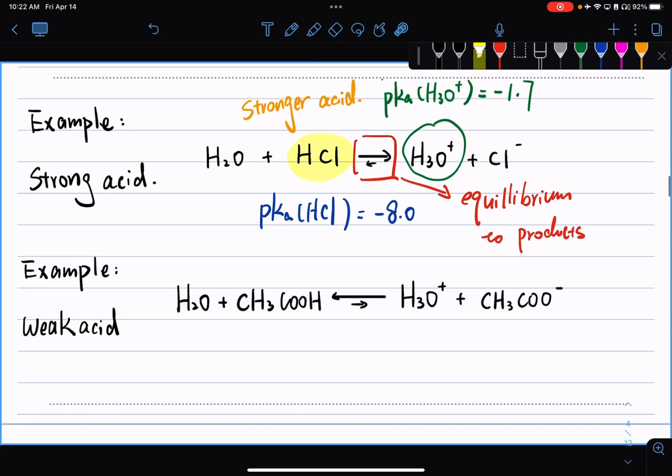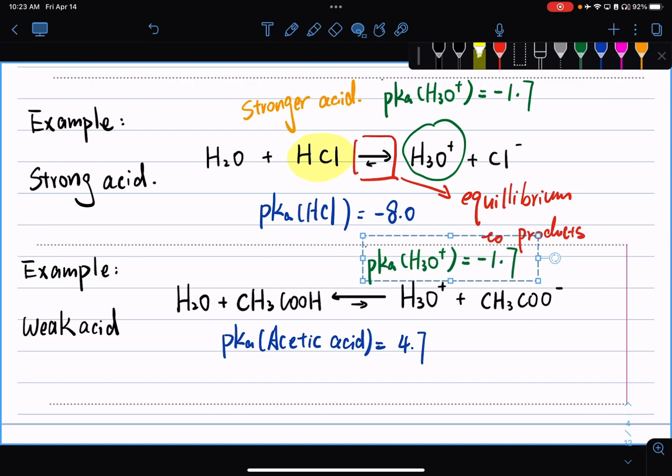Alternatively, you could also have a weak acid. In this case, the example we're talking about is acetic acid, CH3COOH. So here the pKa of acetic acid is about 4.7. And we know the pKa of H3O+ is negative 1.7.